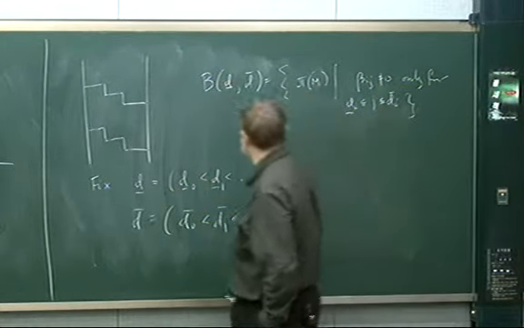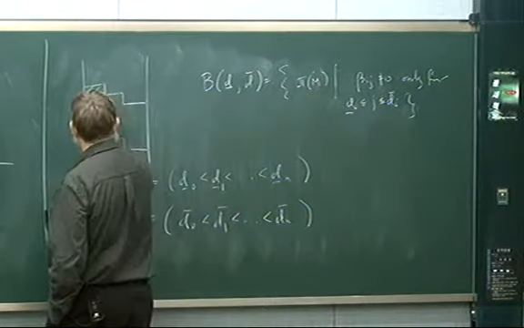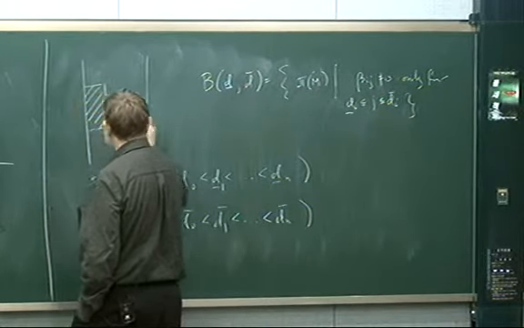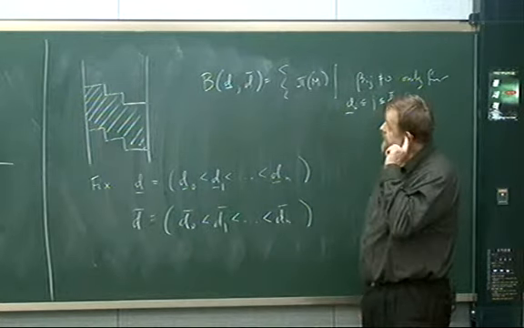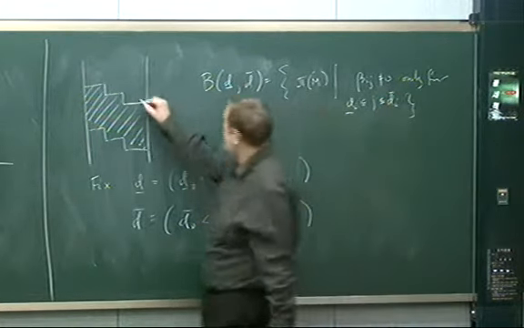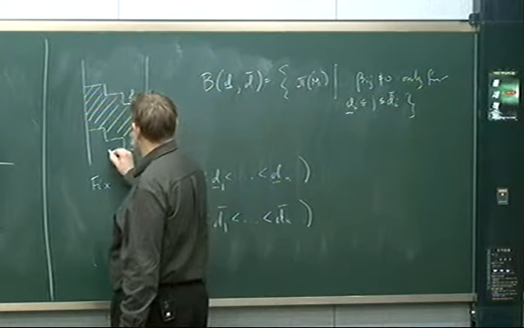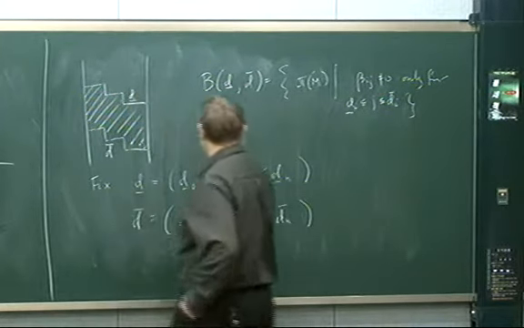So basically we look at all normalized Betti diagrams such that the Betti table is in this region. So this will be d lower and this will be d upper.